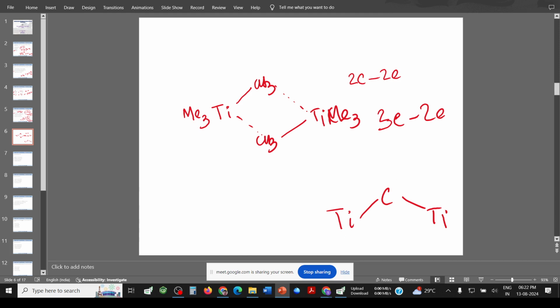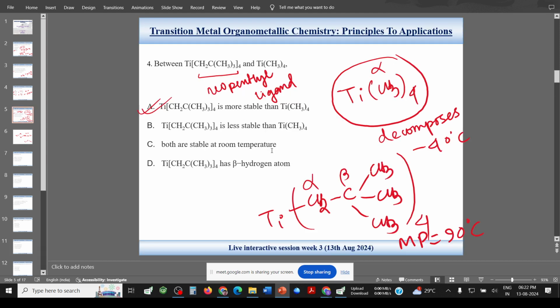This bonding weakens the titanium carbon bond, and that's why it decomposes very rapidly even at very low temperature, minus 40 degrees. So our answer will be option A.